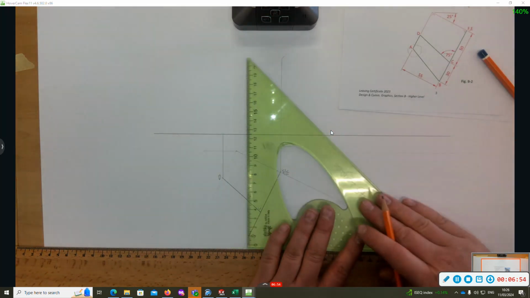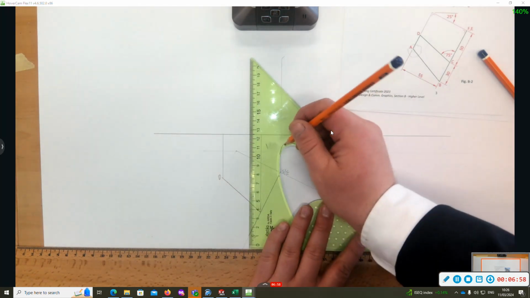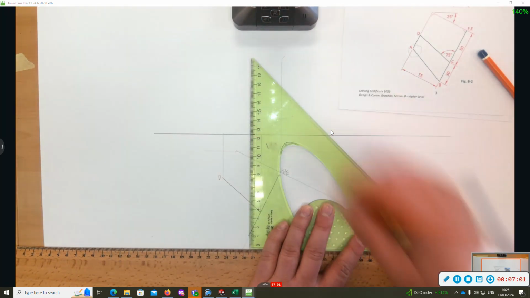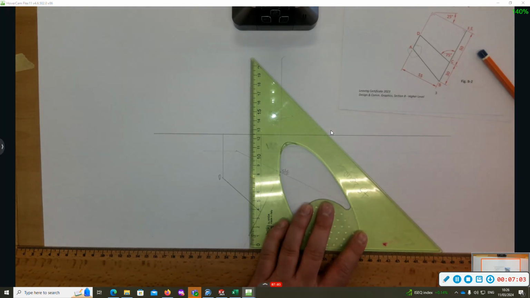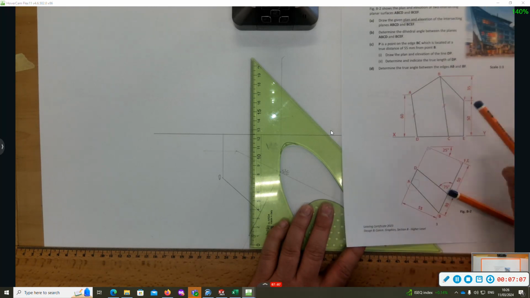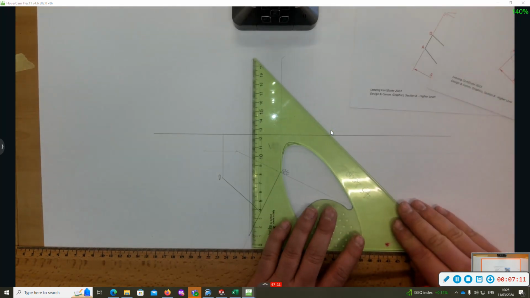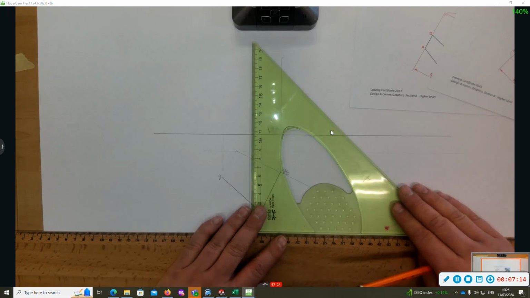D is on the XY line in elevation, so too is C. B is above the XY line. The altitude of B is 85 from the XY line. F is 50, B is a further 35, so an altitude of 85.